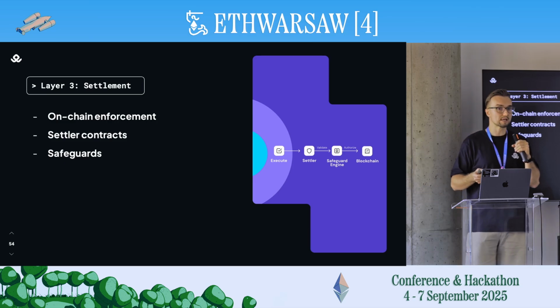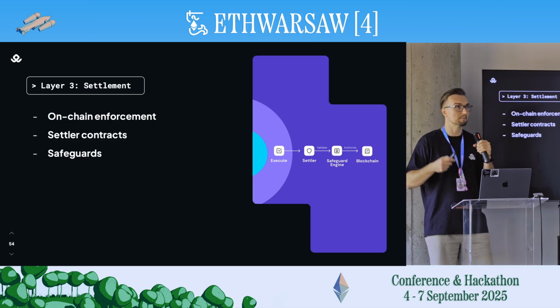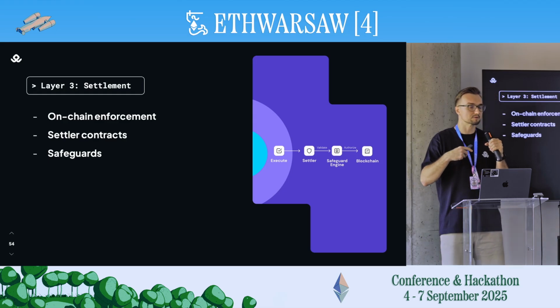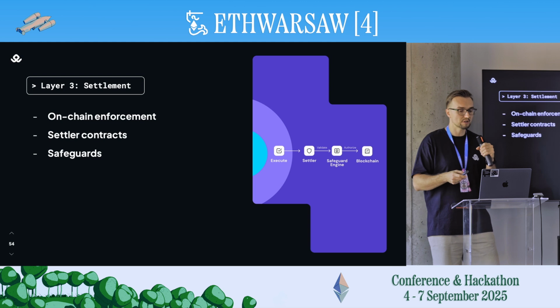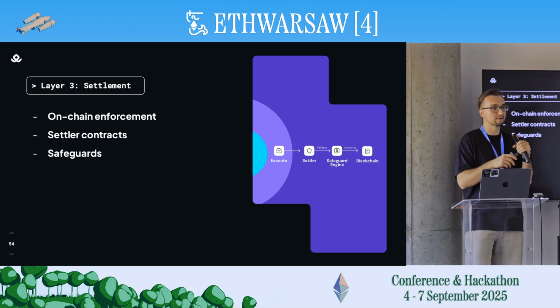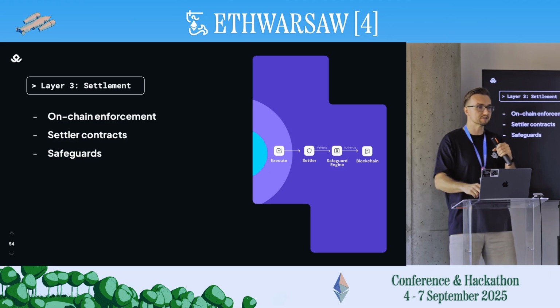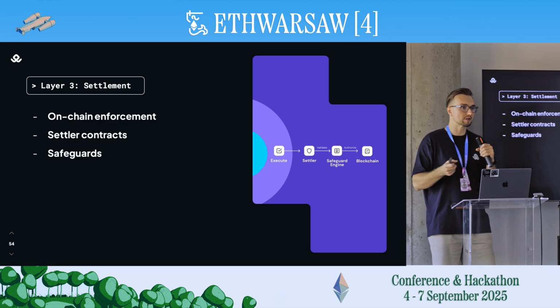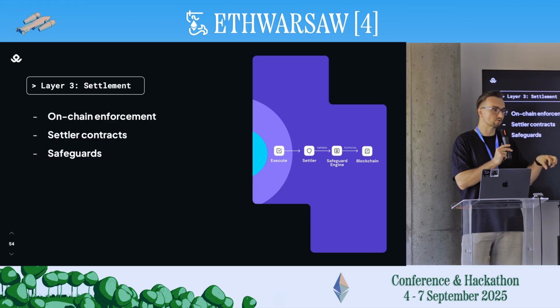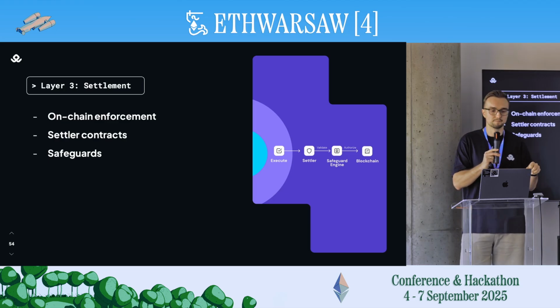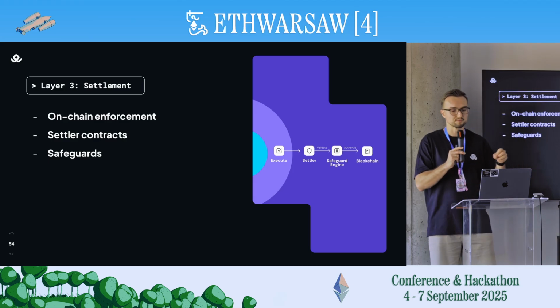So basically, the settlement layer makes sure that the solution from the solver is matching the intent, the task that you've created. We have some on-chain safeguards that will make sure that the solution from the solver is matching your request in the task. So we have settler contracts, we have a safeguard engine.